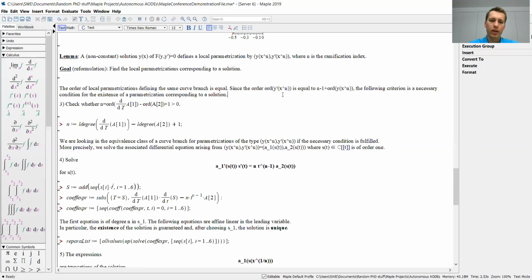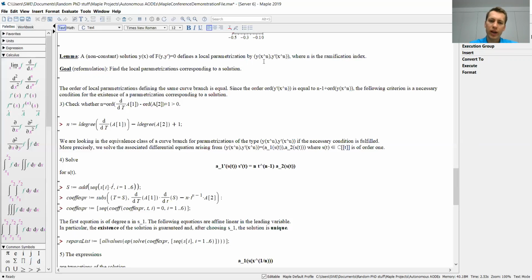But how can we decide whether a curve branch corresponds to a solution, or if there is in this equivalence class a solution parametrization?